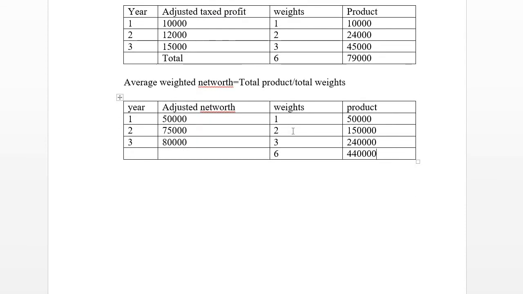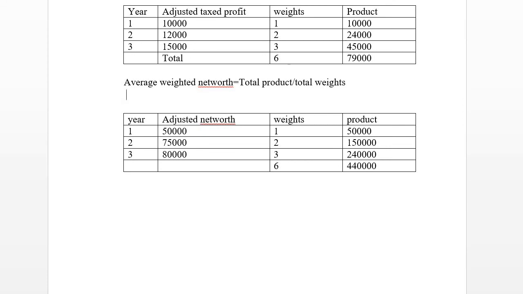Yes. Then later, when we find the average weighted net worth, it is equal to the total product divided by the total weights. Total product is how much? 4,40,000, divided by the total weights, which are 6.